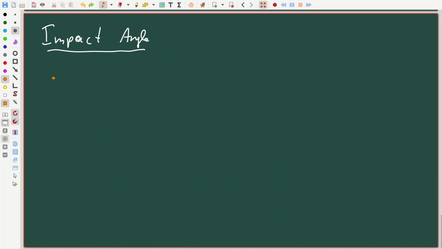So again, if we have here our object, we can write down our components for the velocity, vx and vy. And then again here we would have our total velocity vector, but the absolute value would be the total speed.